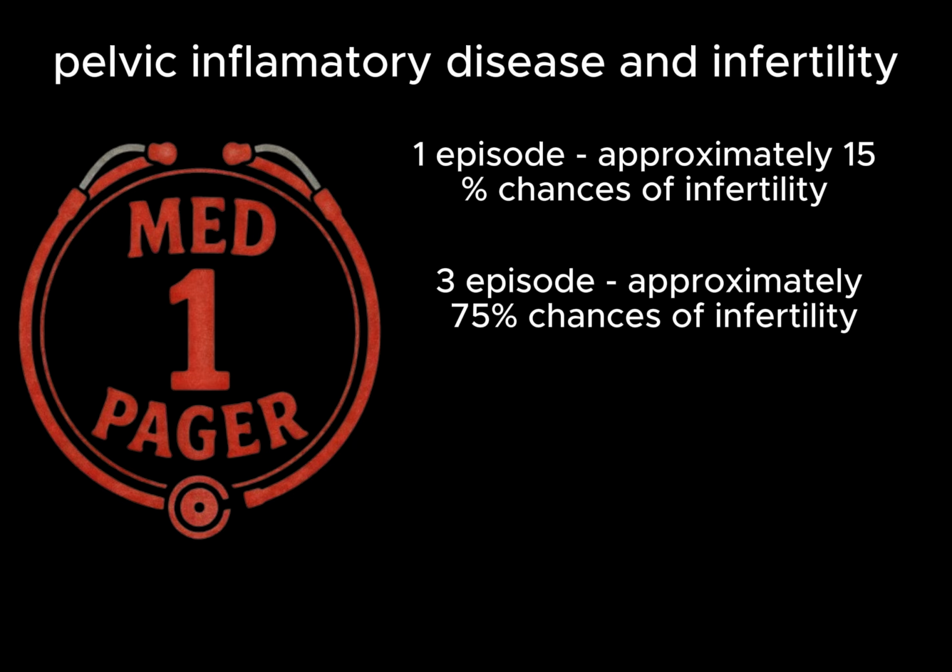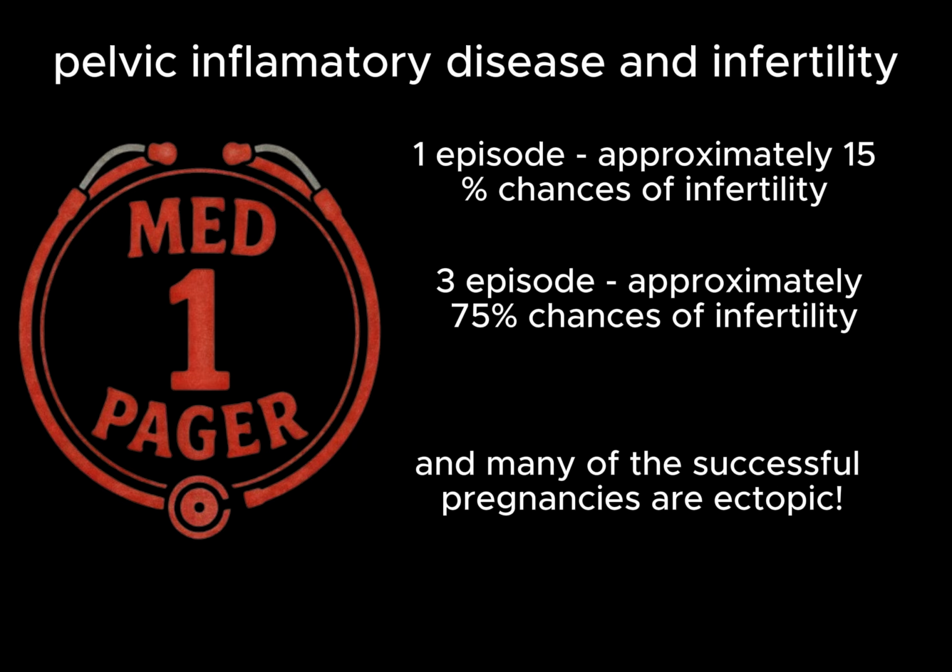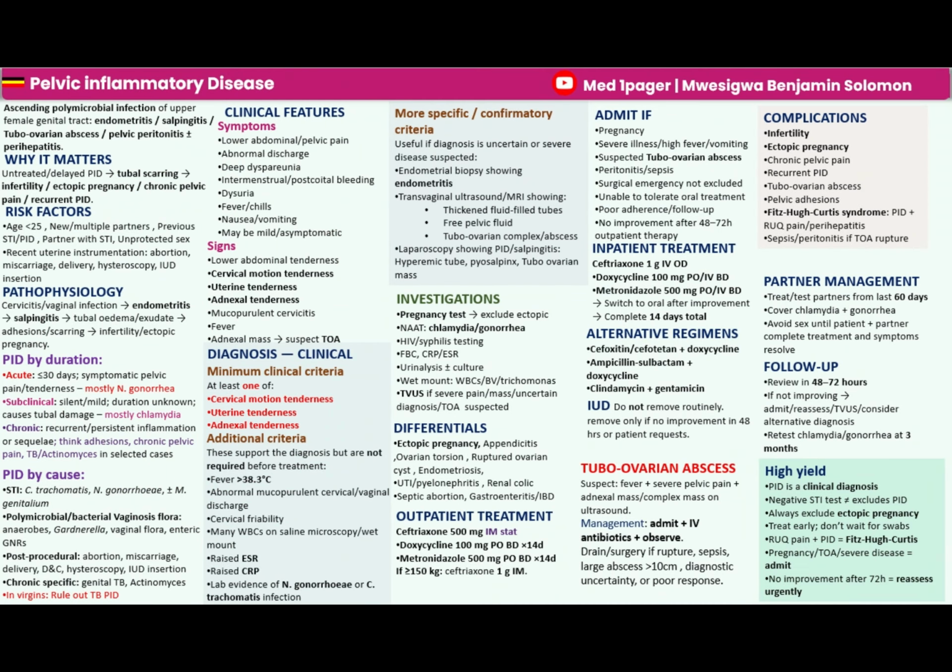So someone who has had PID about 3 times has up to 75% chance of failing to conceive naturally. And that is just the tip of the iceberg of the different complications of pelvic inflammatory disease that make it a worthwhile topic to know and understand fully, as well as making it a all-time favorite on examinations.